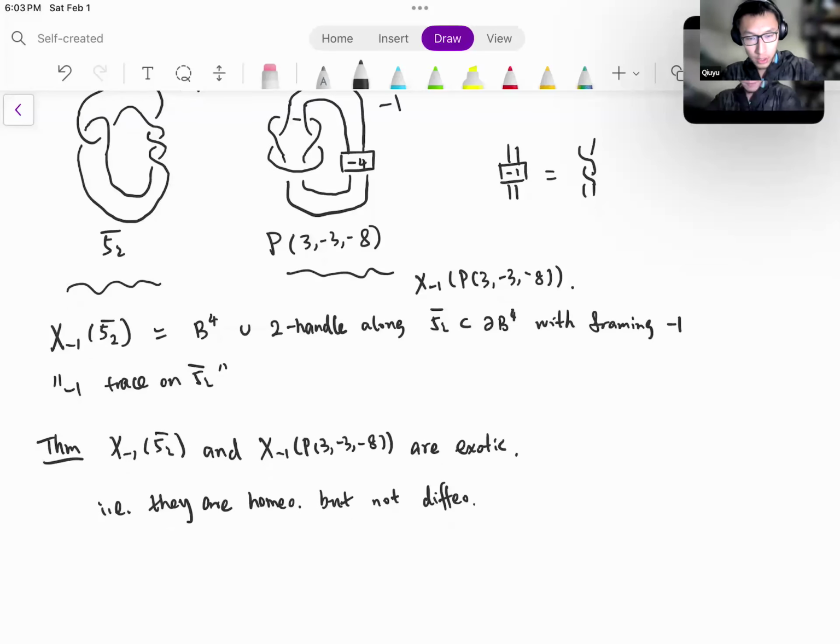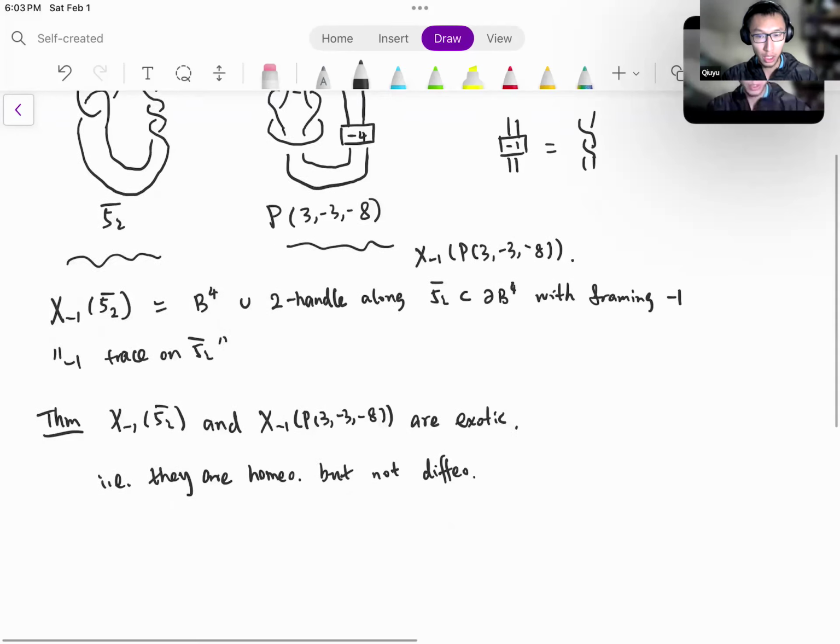The purpose of today's talk is to introduce a certain invariant coming from the so-called skin lasagna modules that enables us to distinguish the smooth structures on those two four-manifolds.